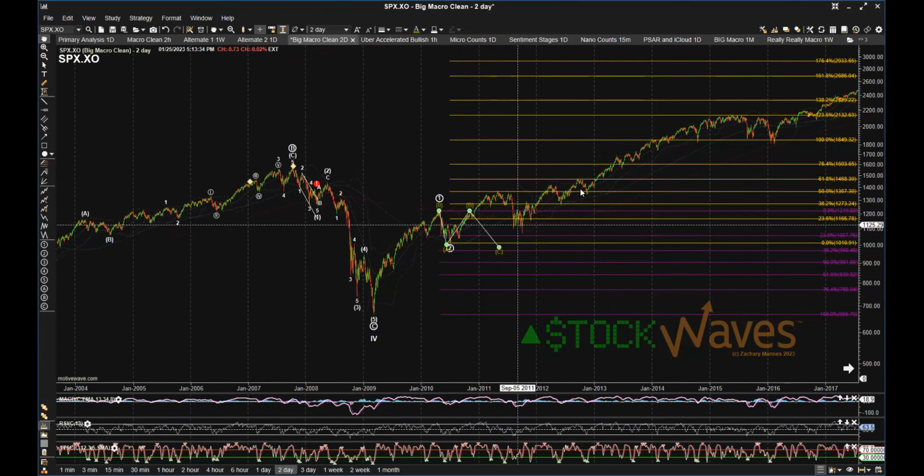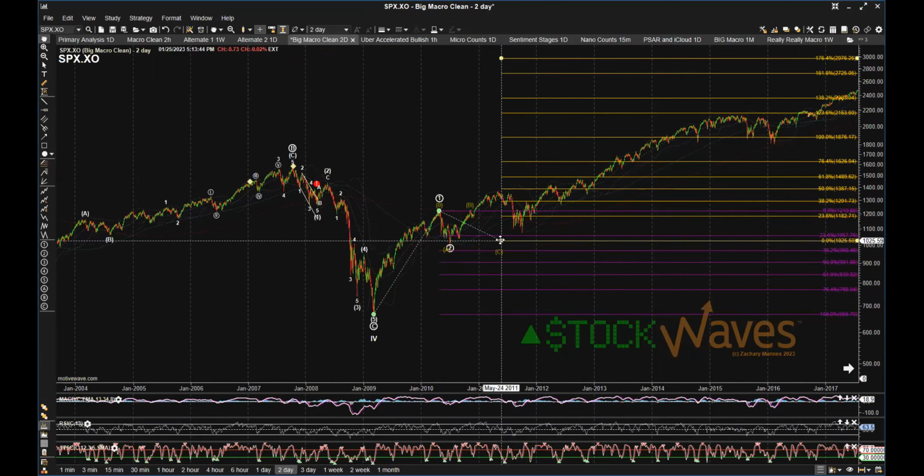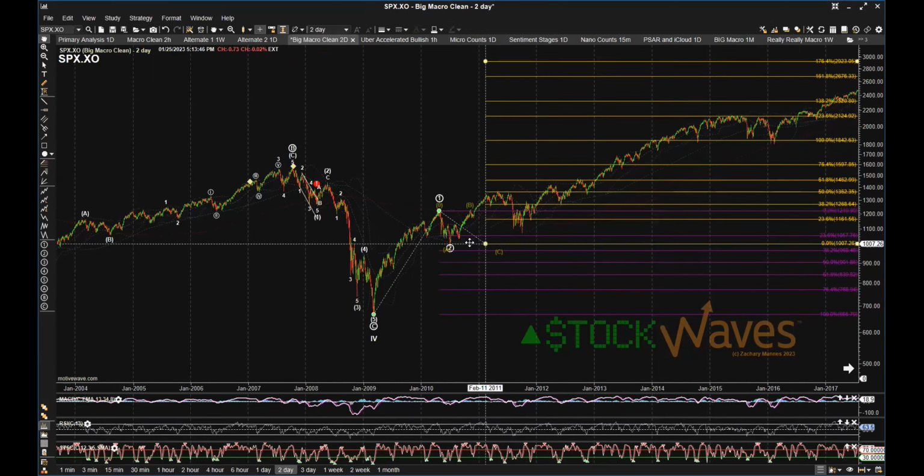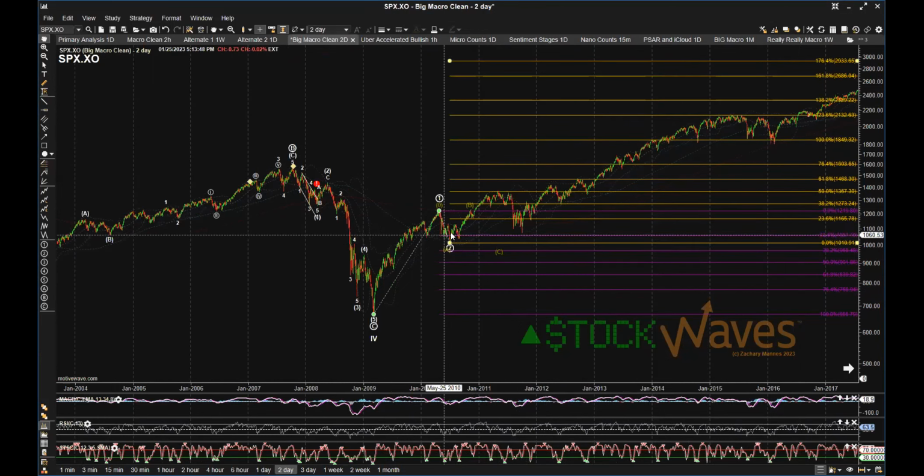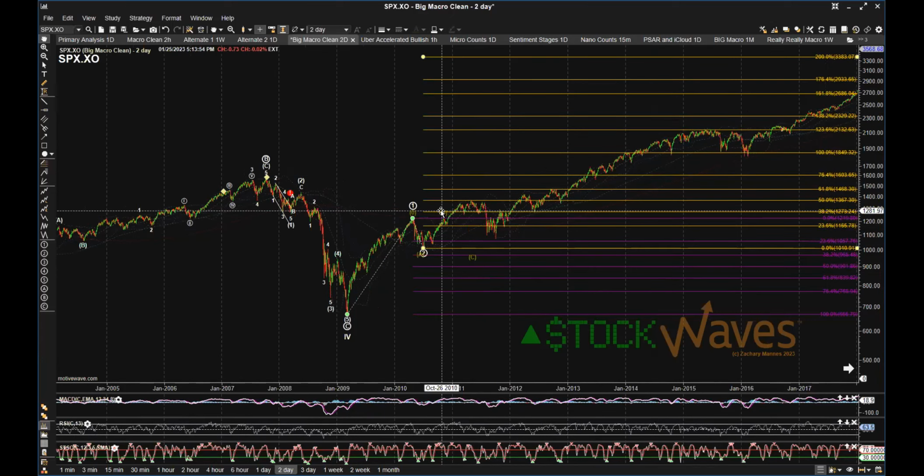So the projection for this larger degree wave 3 is not going to be much different whether this is the wave 2 or whether the wave 2 gets moved over to here. So at that larger degree, we can start to make those calculations, and then we're looking for confirmation at a smaller degree. And again, it's fractals, so you can continue to zoom in at each and every level.